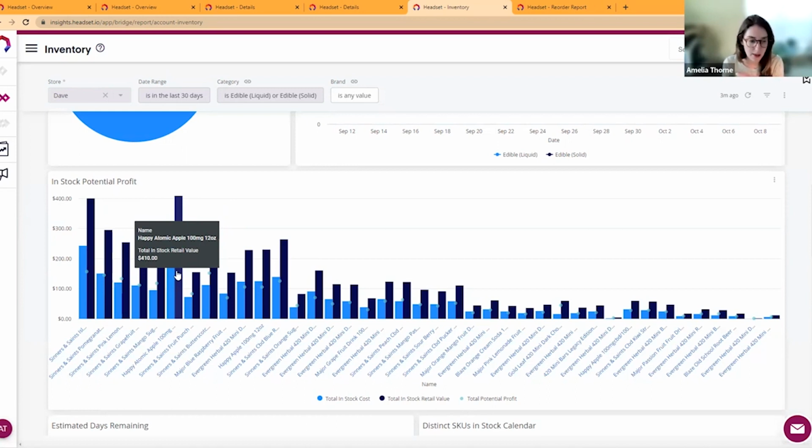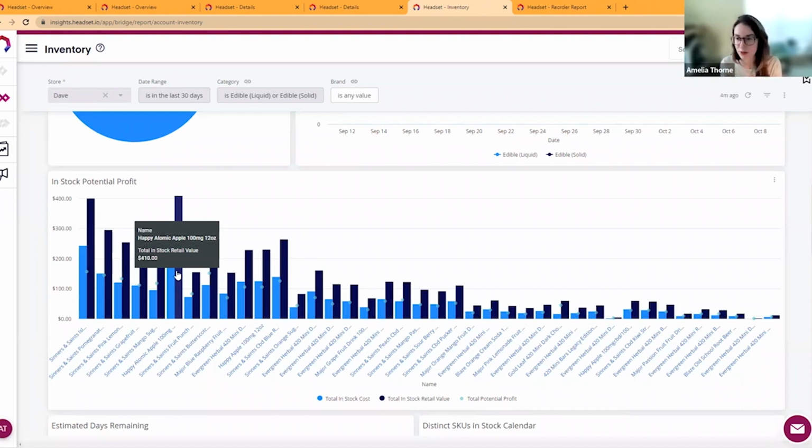Otherwise, this would be a great opportunity to work with the retailer on how to get more people in the store to buy this product. Maybe it's that the people who are buying these 100 milligram beverages are coming in at noon on Saturdays. So maybe building a program around noon on Saturdays.